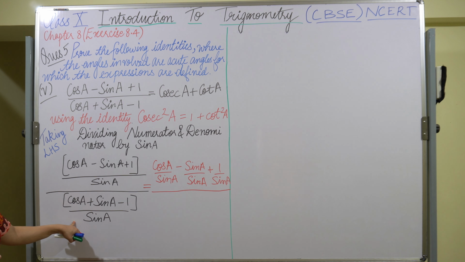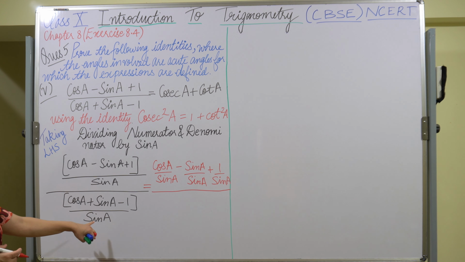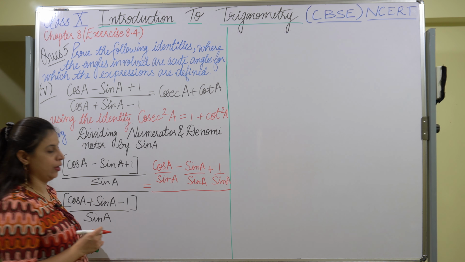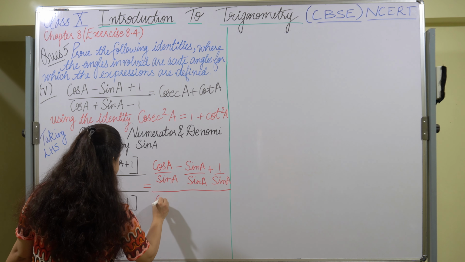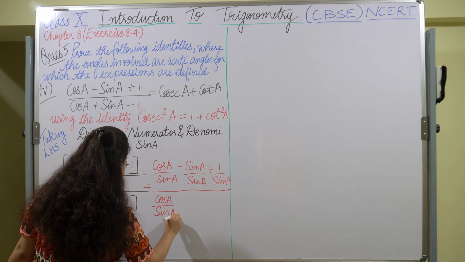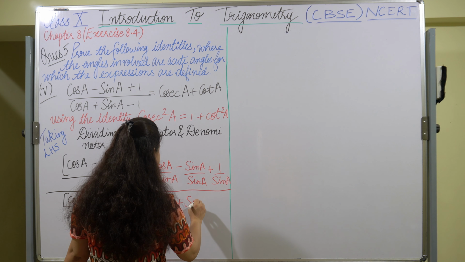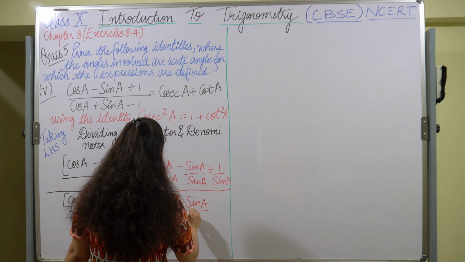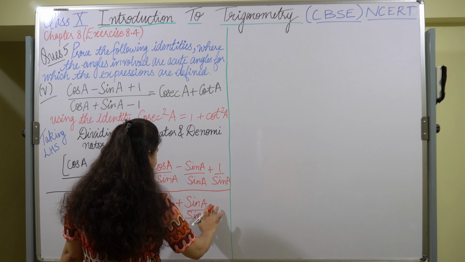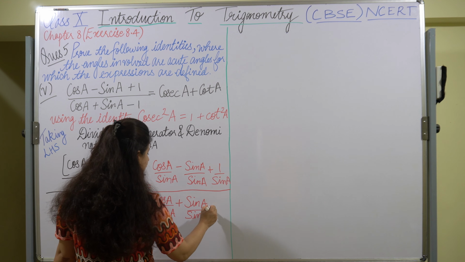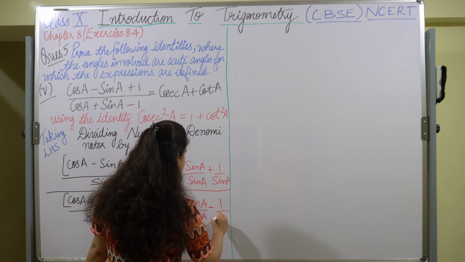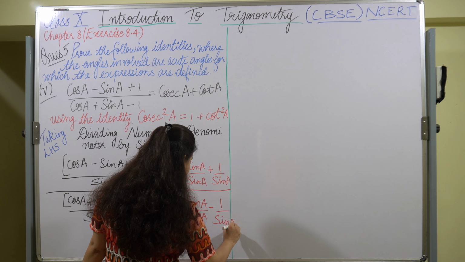Now similarly we will do it for the denominator. We will divide all the terms of the denominator by sin A individually. So it will become cos A upon sin A plus sin A upon sin A, minus, negative sign is there, minus 1 upon sin A.